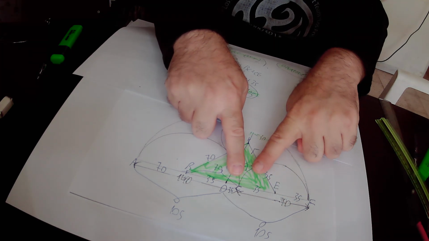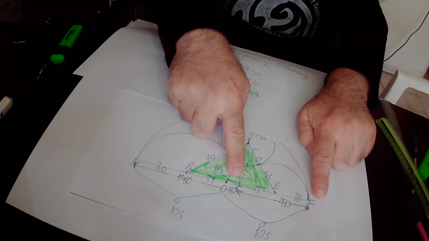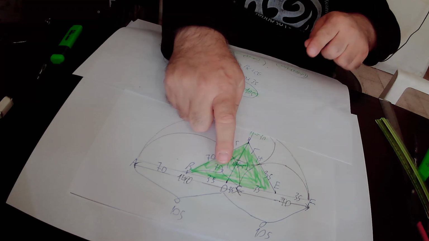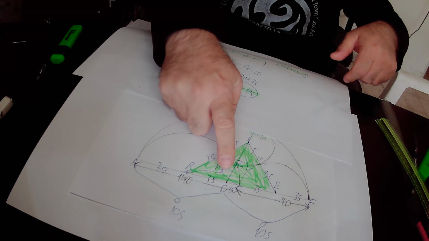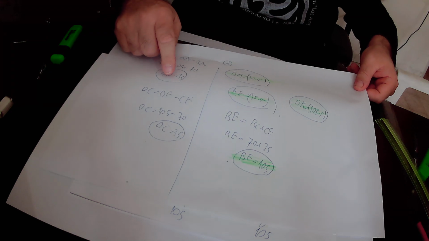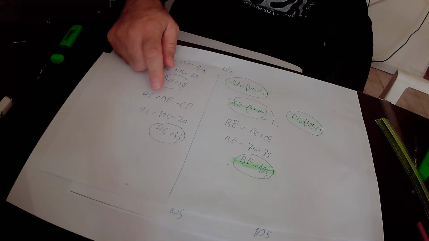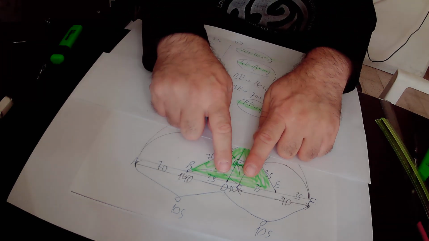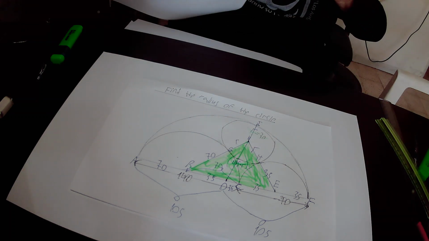Here, CF equals 70 units, it is the diameter of the smallest semicircle. And therefore, OC equals OF minus CF, that is 105 minus 70, which is 35. So we found out that the length of line segment OC equals 35 units. Okay.